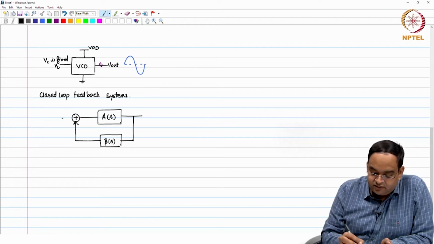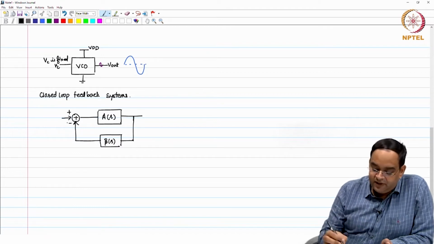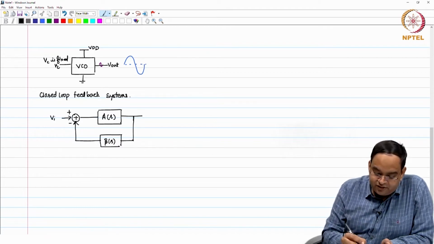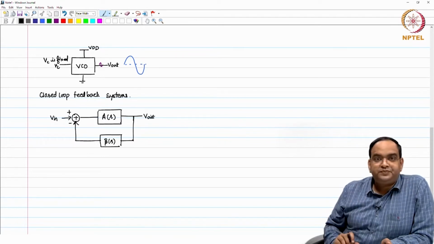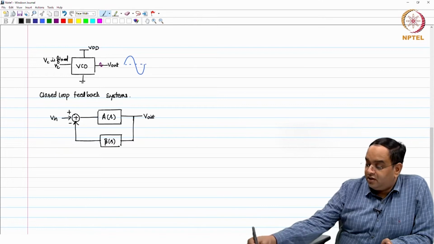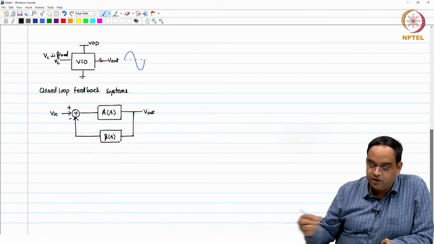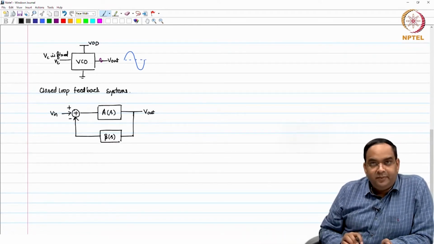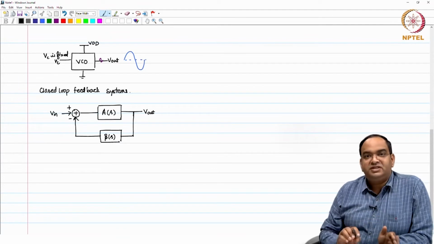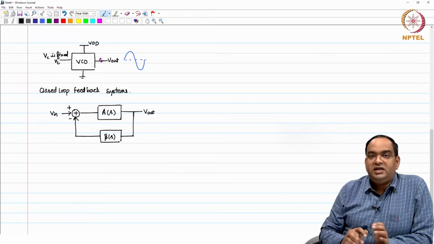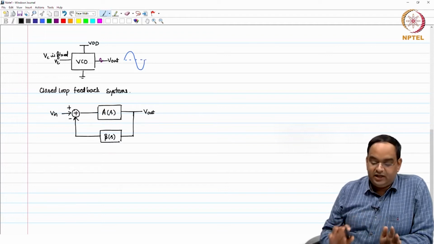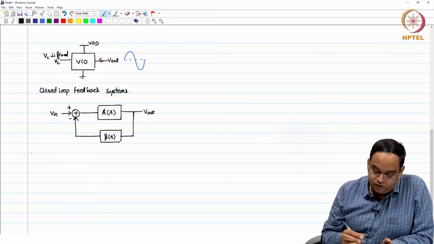This is the system, and if it is in negative feedback, then I can put a minus sign here. Typically in a closed loop system, this is your V in and this is your V out. So, this system will become self sustainable, without any input, under given conditions. What is that?